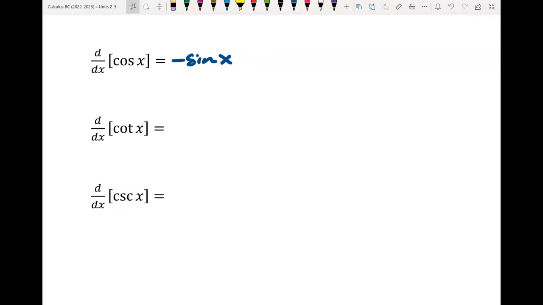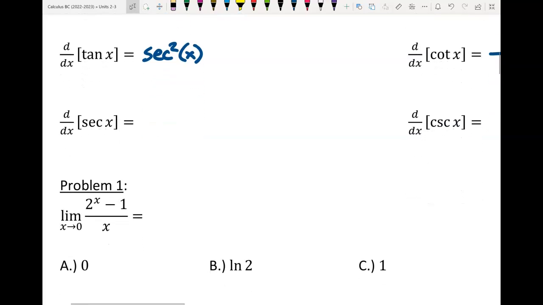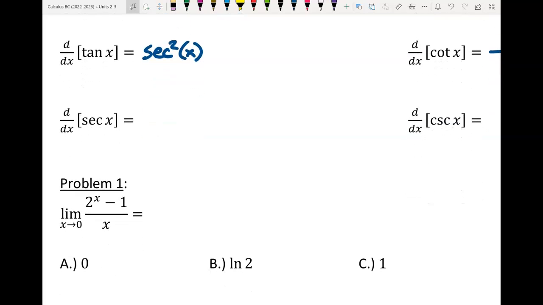So we have cotangent. The derivative of cotangent is negative cosecant squared. Secant is secant times tangent.